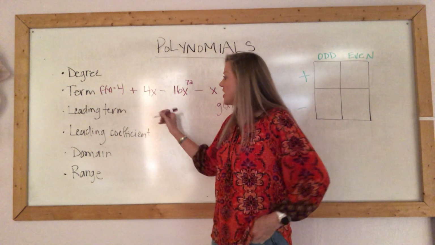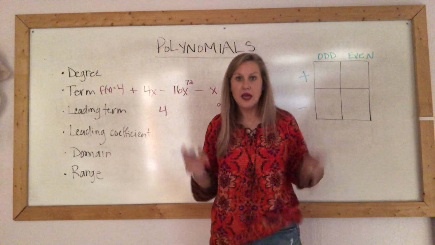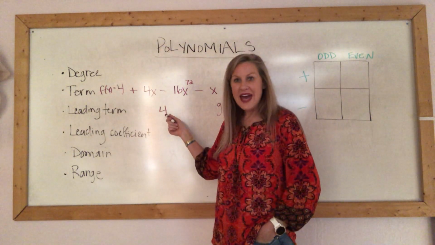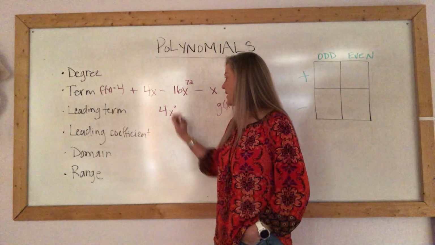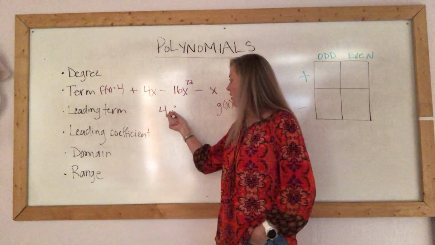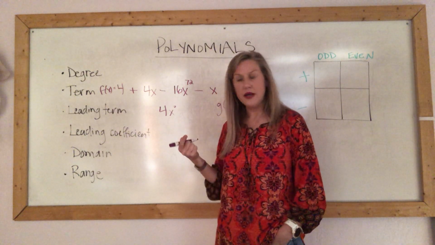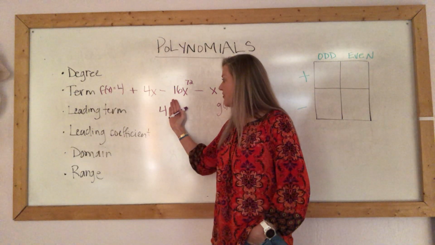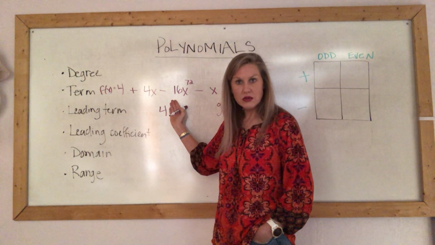So if I just have the number 4 as my polynomial or monomial, that has no x's, or I could actually think of him as 4 times x to the 0 power, because anything raised to the 0 power is 1. So if you just have a 4 standing there by himself, the degree of that polynomial would be 0.